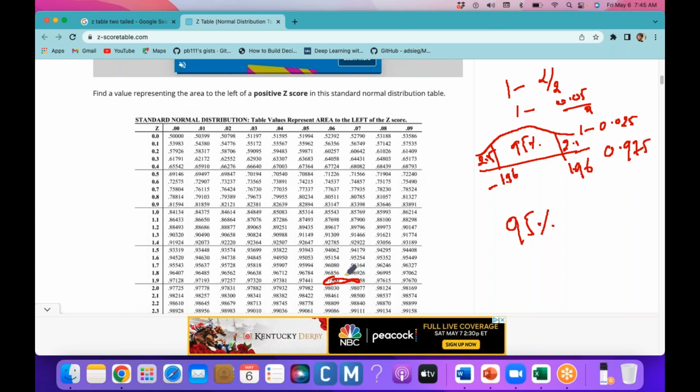This is 0.975. It's 0.06 plus this value, 1.9. So 1.9 plus 0.06, so 1.96.